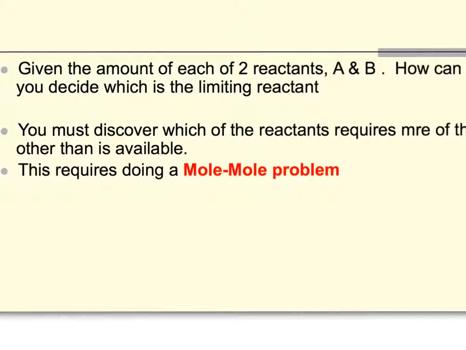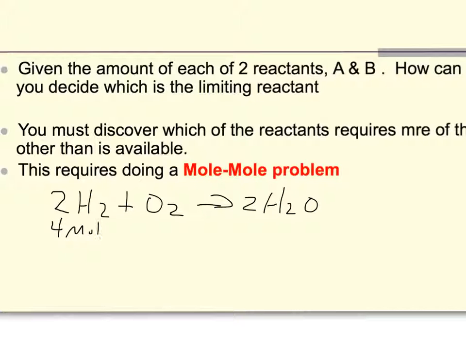So, if we were to look at an example and we were to take 2H2 plus O2 yields 2H2O. And we had 4 moles of H2 and we had 6 moles of O2.